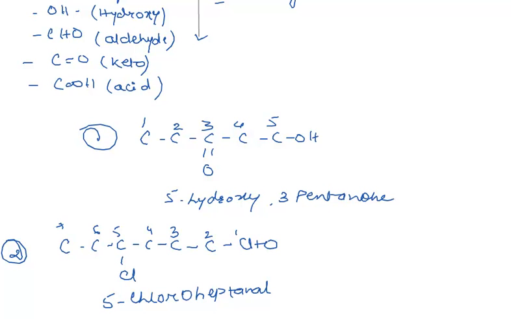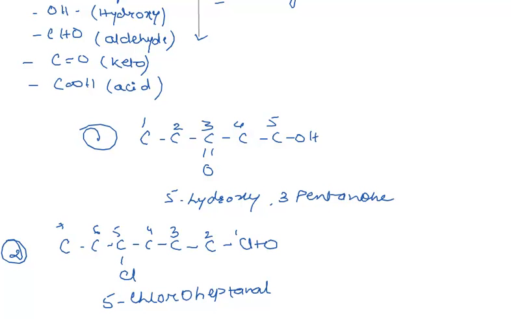Assign the carbon with the functional group the least number. Fourth, search for the substituents present. Make them a prefix. And of course, don't forget to number the carbon to which the substituent is attached.